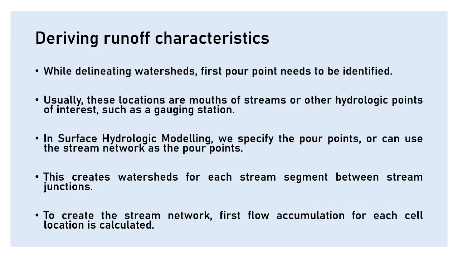Whenever we are delineating the watershed, if you remember the image that I showed right before, the first and foremost thing that needs to be done is to identify the pour point. Of course, our primary objective is to remove the sinks. Then when you start working with the model, first of all identify the pour point or the outlet.